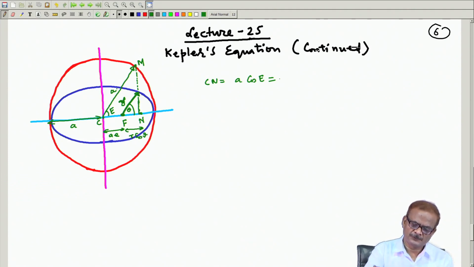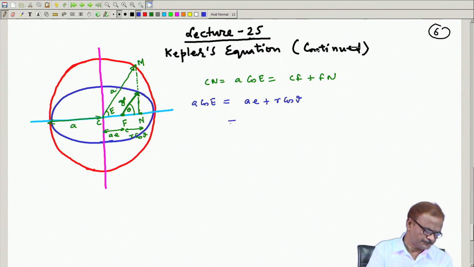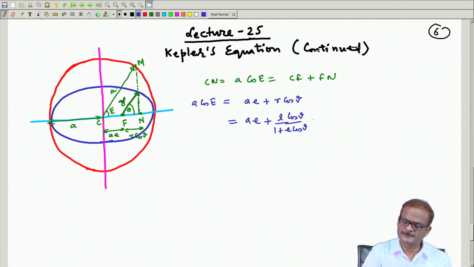So CN equals A cos E equals CF plus FN, and we can write CF as A e plus R cos theta, equal to A cos E. Then we replace R by L divided by 1 plus e cos theta, and this is L cos theta.